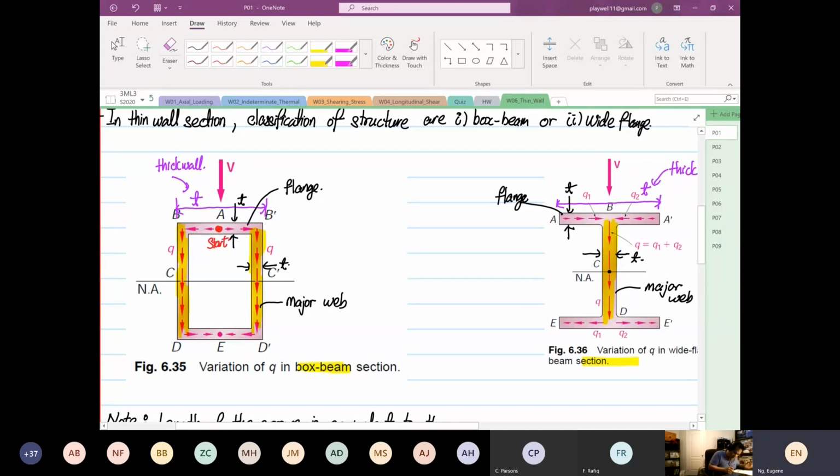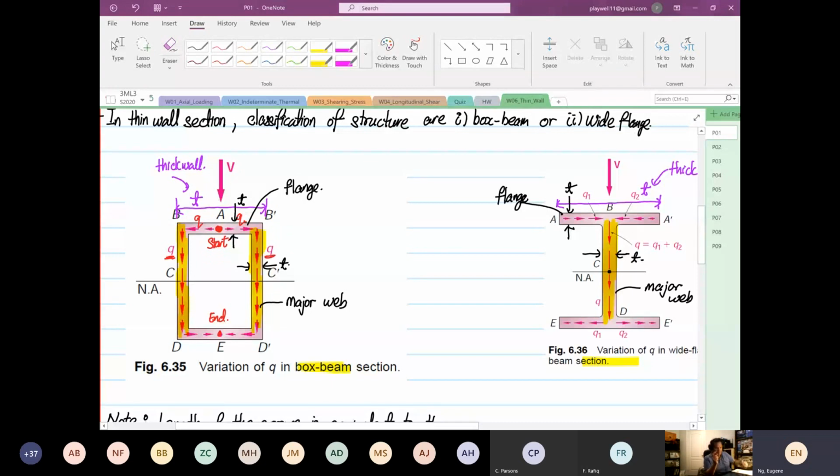So you have your start and you have your end. At point A, where you have the start, one arrow goes to the left and one arrow goes to the right. This is your Q, and that side is also your Q. One shear flow goes to the left and the shear flow goes to the right. That's for the box beam.